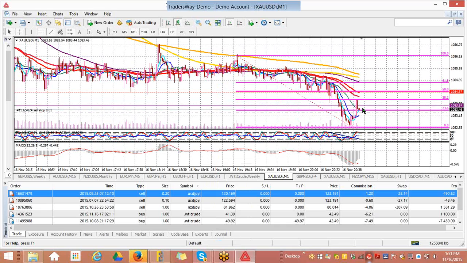Isn't that interesting? I can't get past the 38. I'll come back and check on this, but let's take a look at NZD JPY. This was a long-term sell that I had. On the 15-minute, you could see that this probably wants to stay with this trend and come back around.